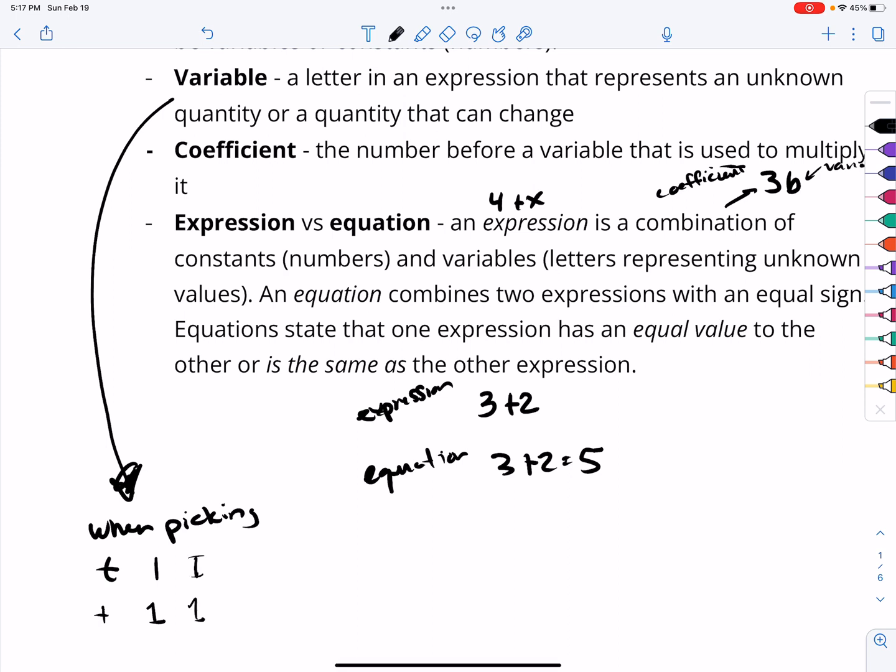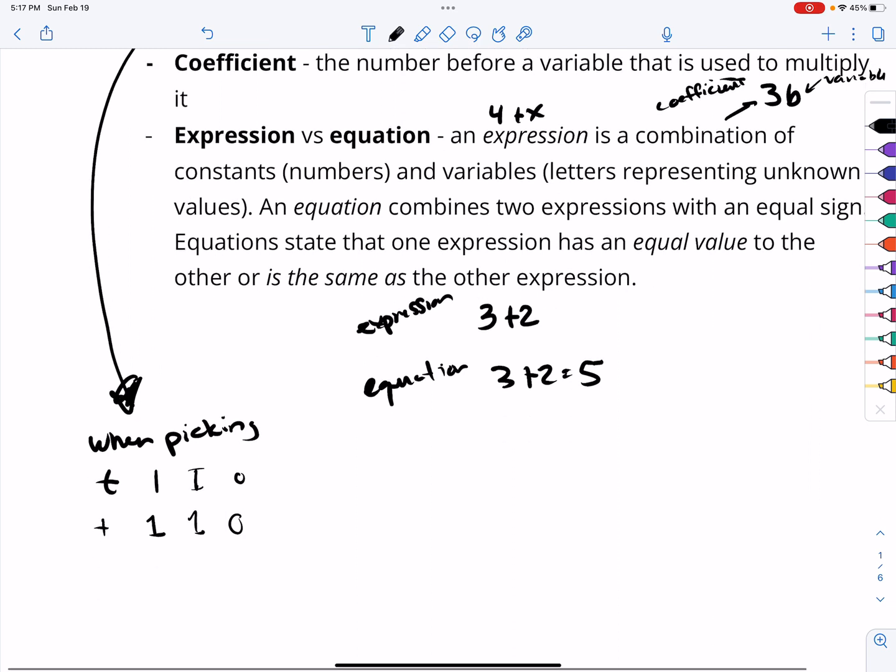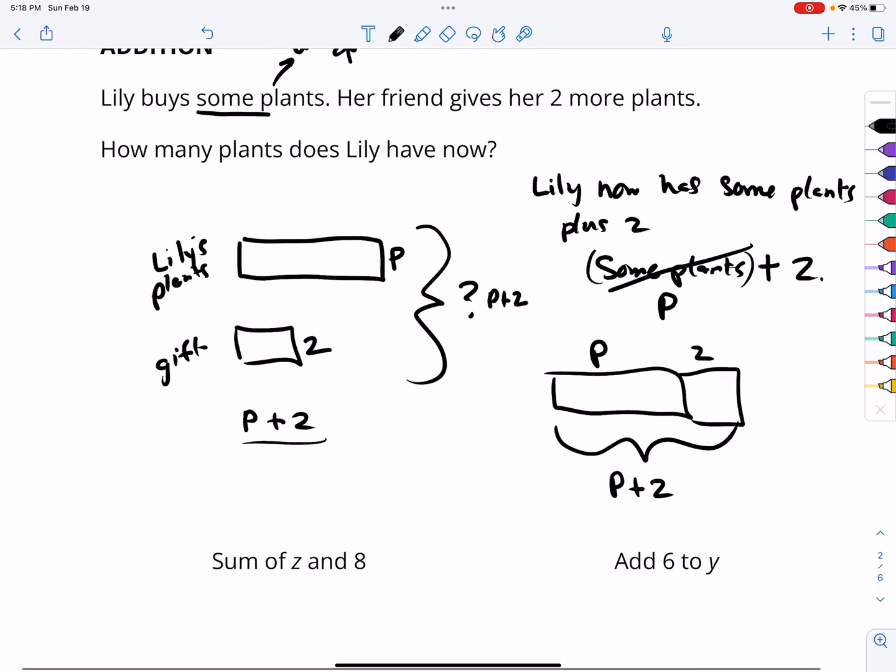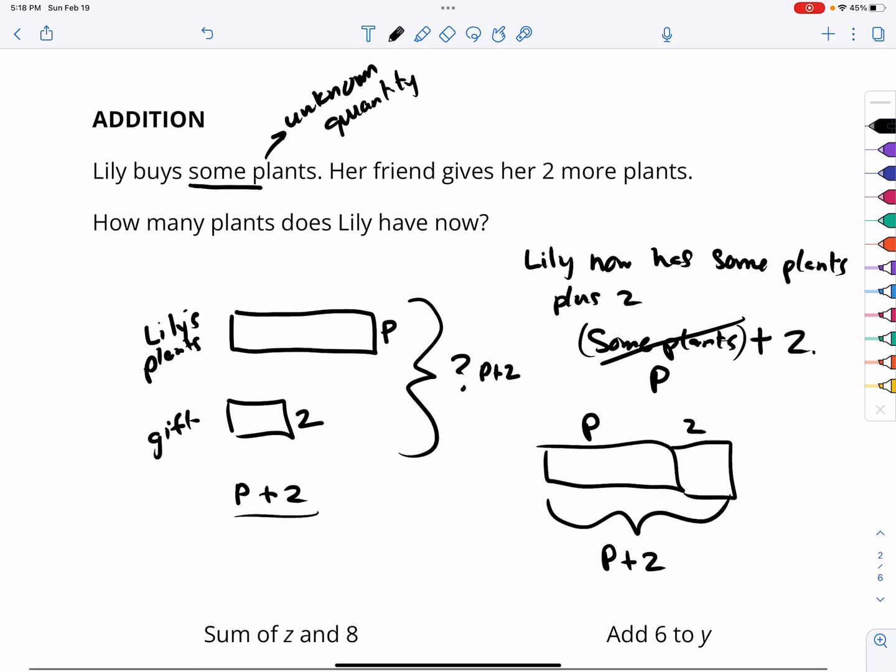So there are some that we just typically don't use very often. O, because it looks like a 0. As you can see, I can't think of any more right now off the top of my head. But yeah, there's just some that we don't see quite as often because they would be easily confused with other variables, or with other mathematical symbols. So when you're picking them, try to pick something reasonable, but that also fits.